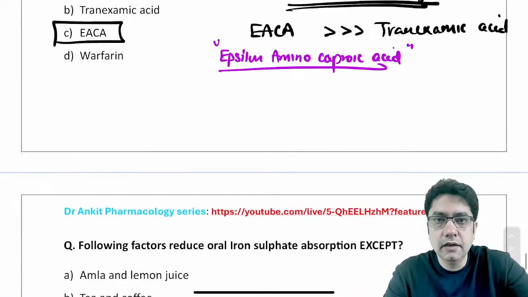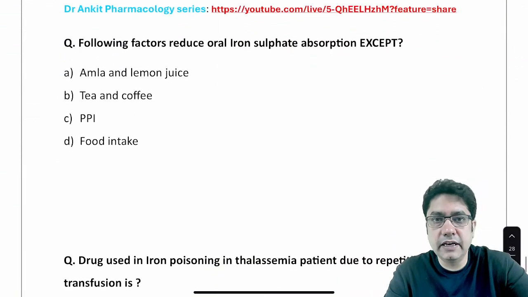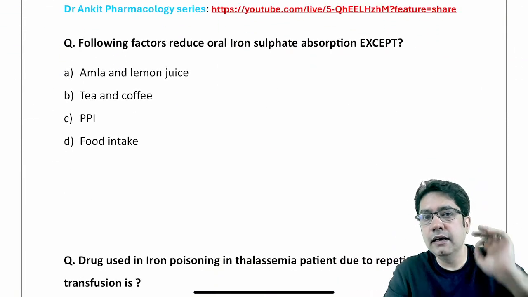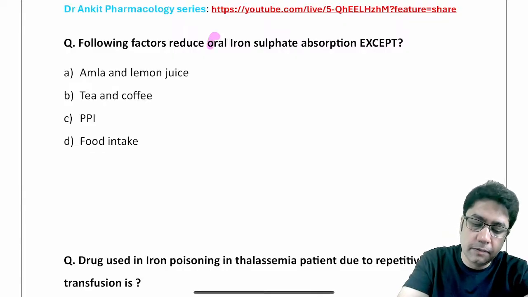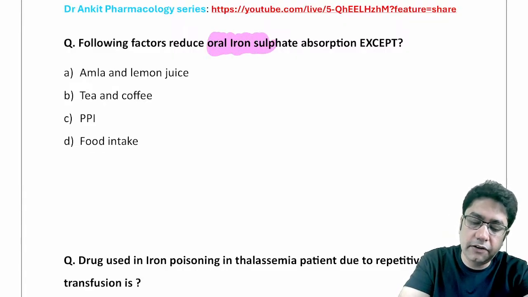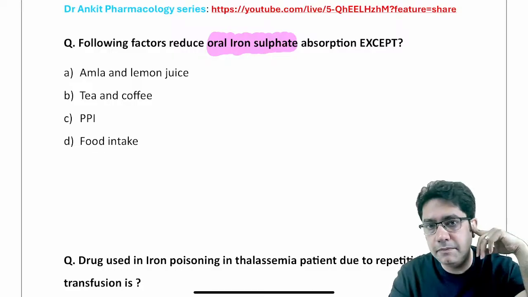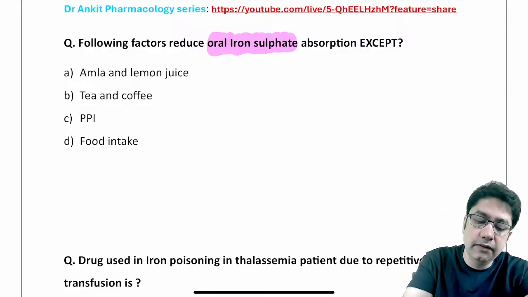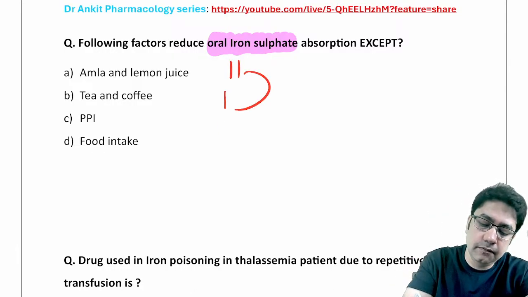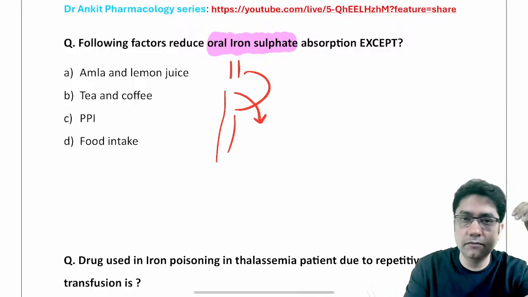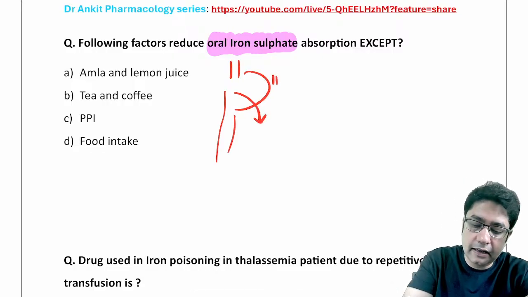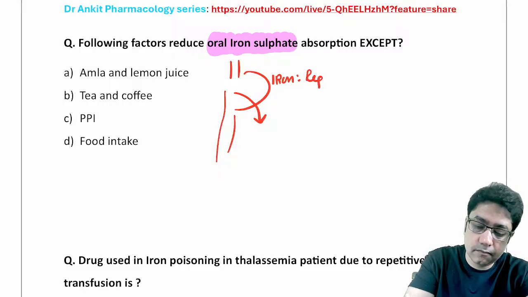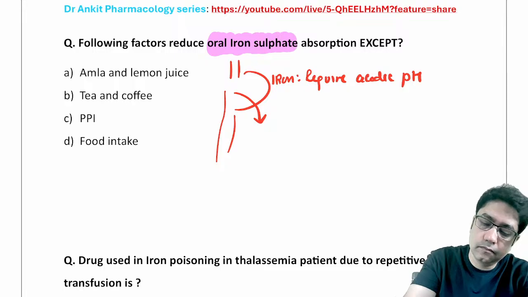Okay. Then, which of the following factors reduce oral iron absorption? Remember, oral iron is given for the treatment of iron deficiency anemia. Remember one rule always that will help you solve the question. When iron is absorbed from the GIT, iron requires acidic pH for absorption.